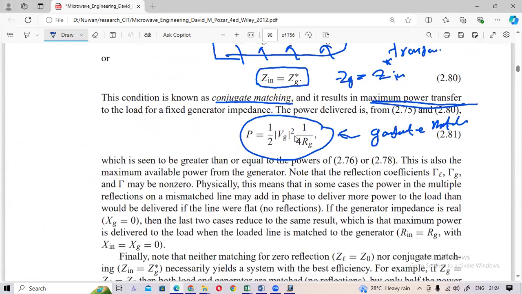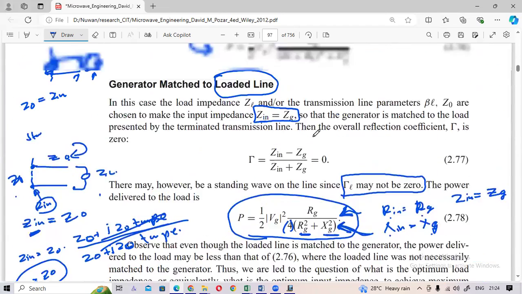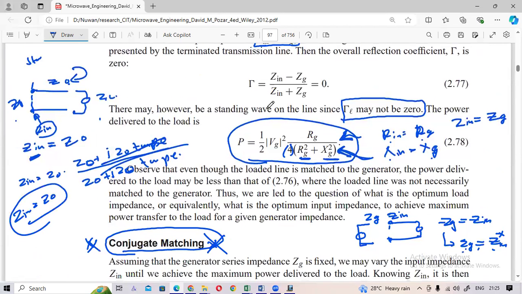You need to understand these things, but you no need to remember this equation.